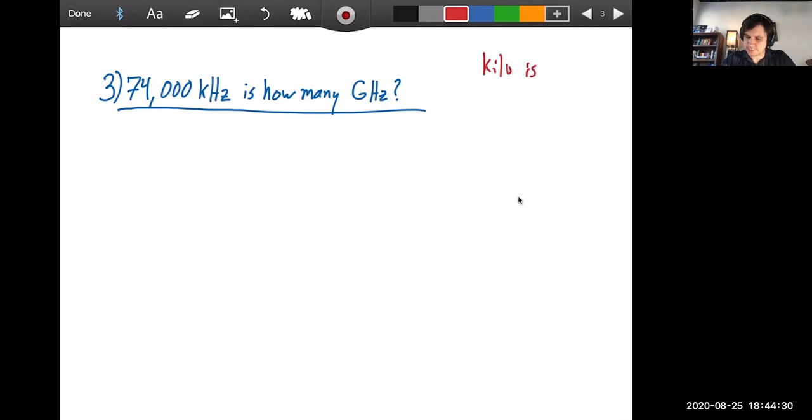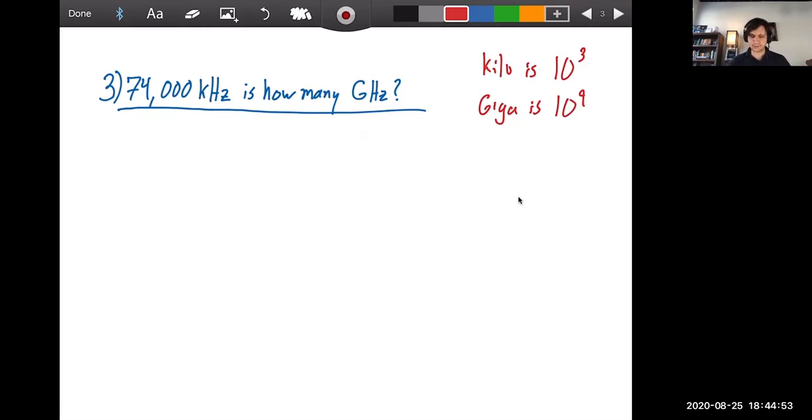Kilo is 10 to the third, 1,000 of something. Giga is 10 to the 9th. So it's a difference of 10 to the 6th. It's 1,000,000 times bigger.